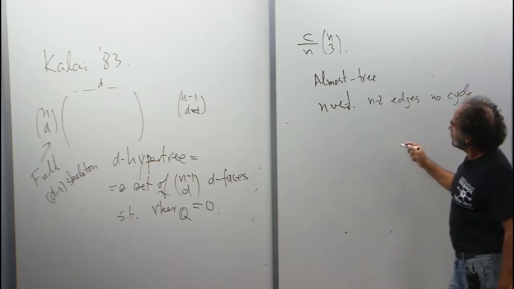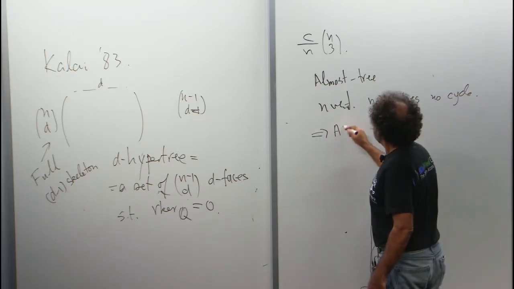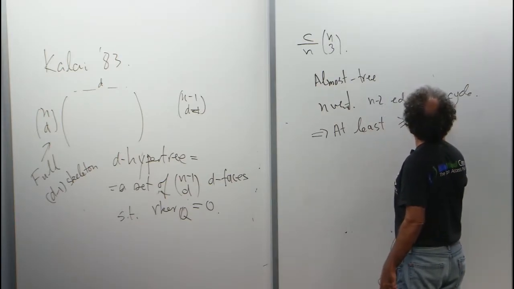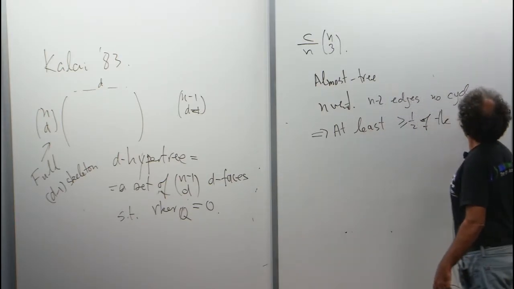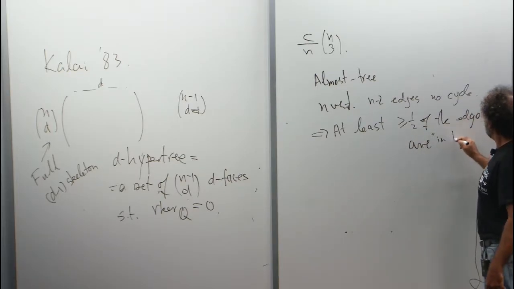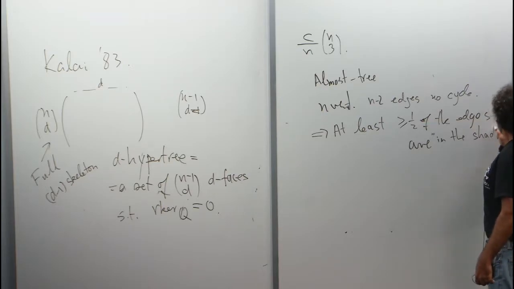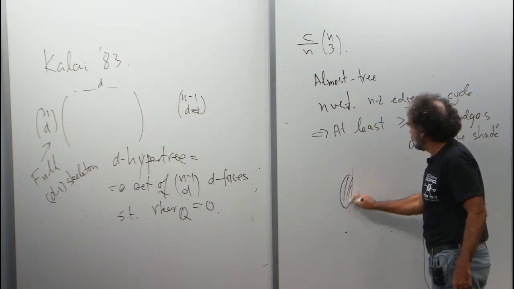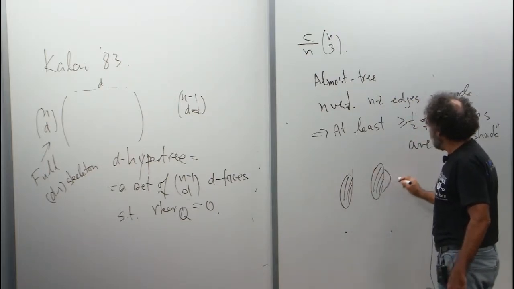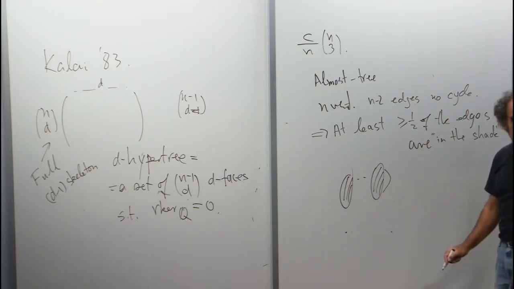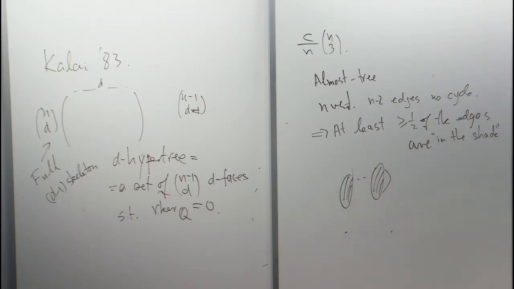Now, at least half of the edges are in the shade. So, what do I mean by this? Such a thing has two connected components. Such an edge, I call it in the shade if it connects these two components, and this is not in the shade. If you think about it, how do you minimize the number of edges in the shade? You make these two things equal.